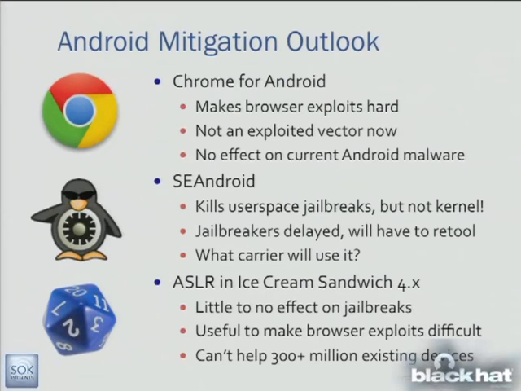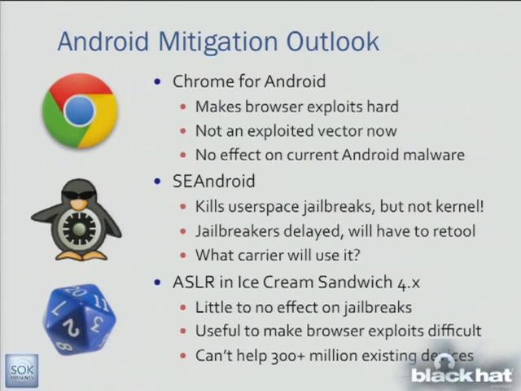But the reality of the matter is that Chrome is making browser exploits hard when the browser is not being exploited right now. We're trying to defend against attacks that don't exist yet. SE Android kills user space jailbreaks, but not kernel jailbreaks, right? A lot of the jailbreaks taking place on Android are in user space because those are easier for the time being, but this doesn't completely eliminate that attack vector.